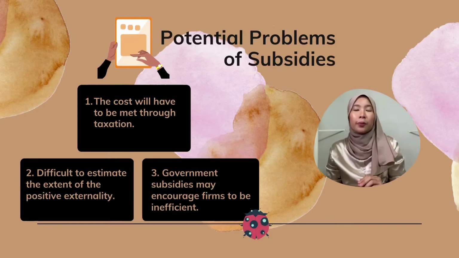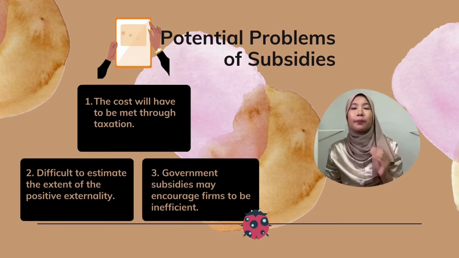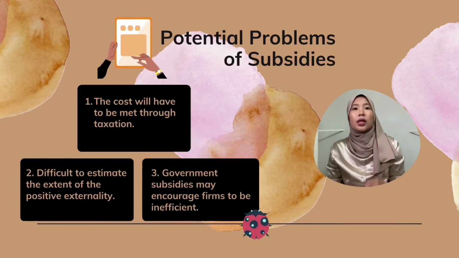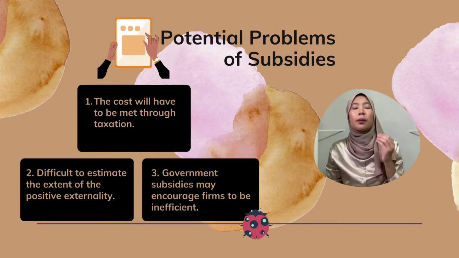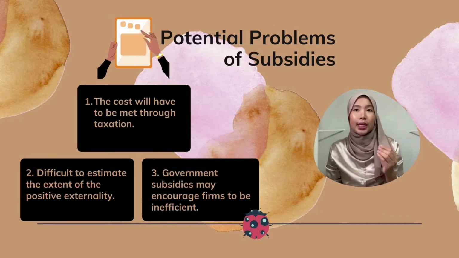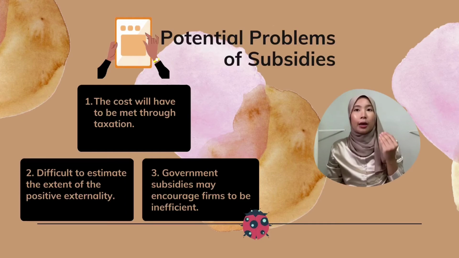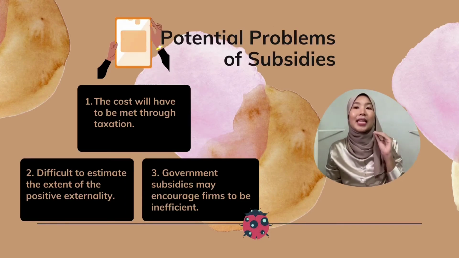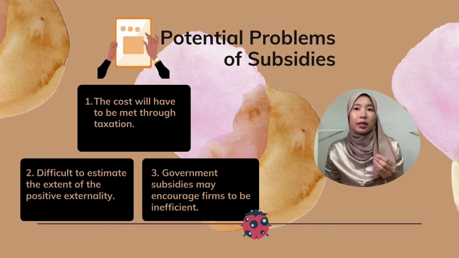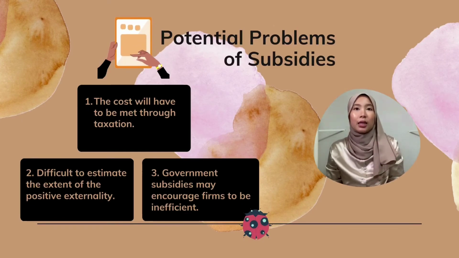Next, it is difficult to estimate the extent of the positive externality. Therefore, the government may have poor information about the service and how much to subsidize. For the last one, there is a danger that government subsidies may encourage firms to be inefficient and they come to rely on subsidy rather than improve efficiency.